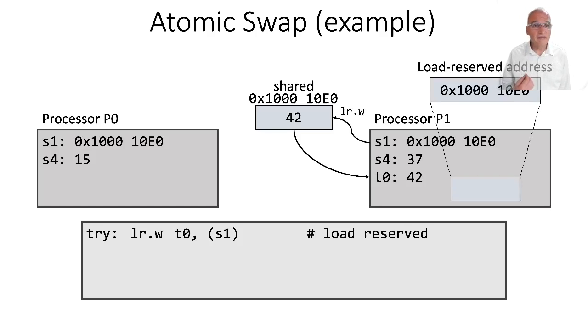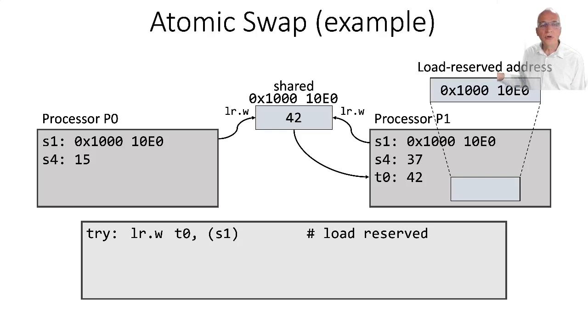The hardware support that I have here is that inside my processor P1, I have this load reserve address table, and processor P1 will enter the address of every load reserve instruction that it executes. It's going to enter an address into that load reserve table to indicate that it has a valid load reserve operation into that location.